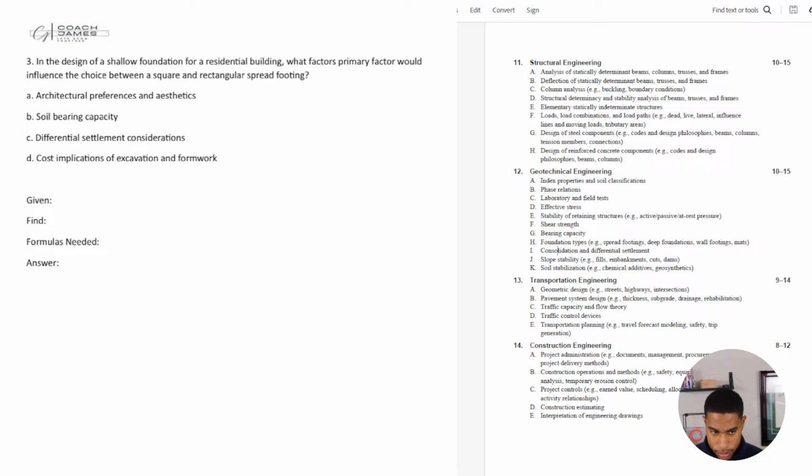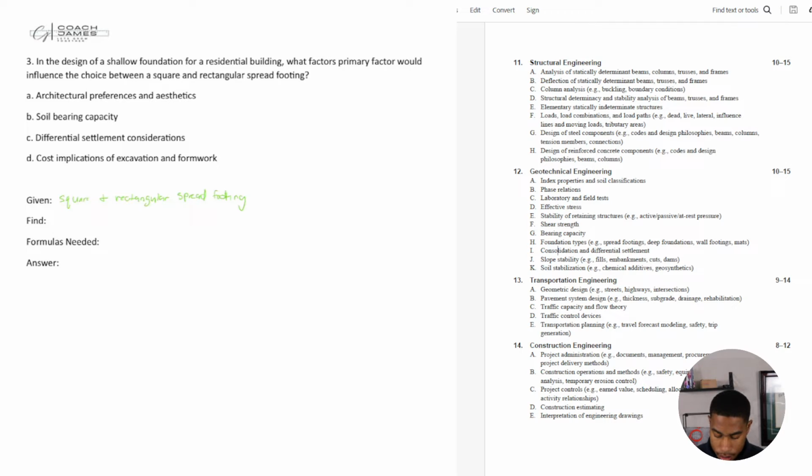So let's write out the information we're given. We're given a choice between a square and a rectangular spread footing.